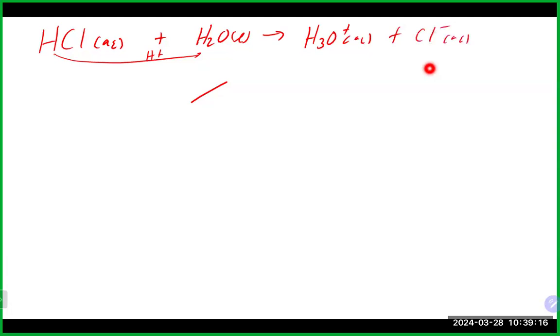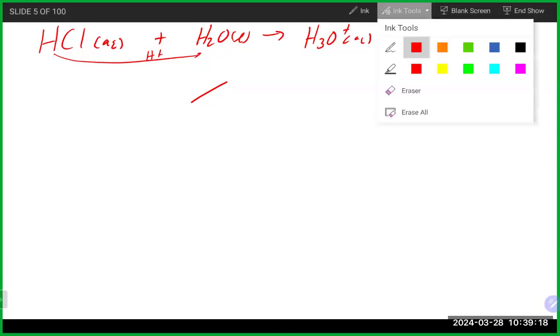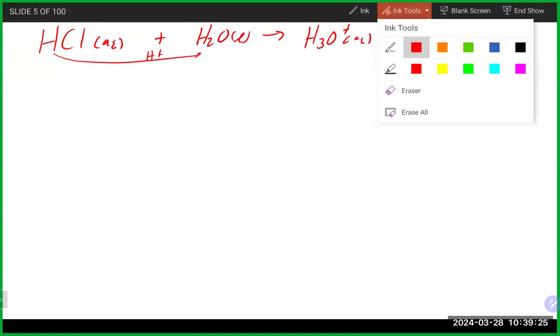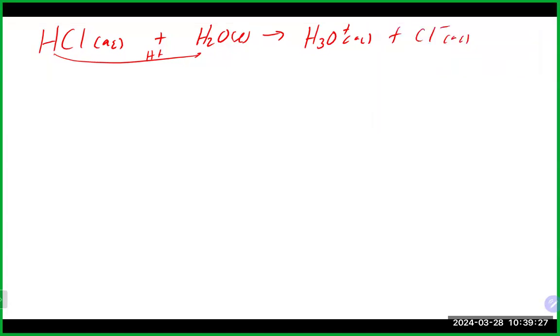And really, this is nothing more than an equation that's showing this strong acid breaking apart in solution in water. Now, you could write this exact same strong acid breaking apart by just writing HCl goes to H+ and Cl-.